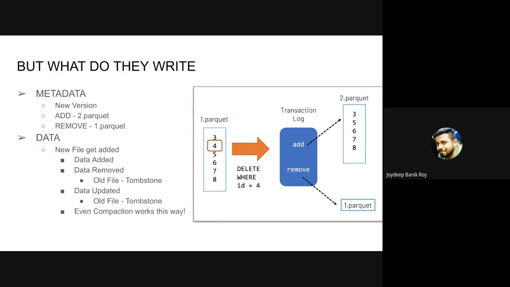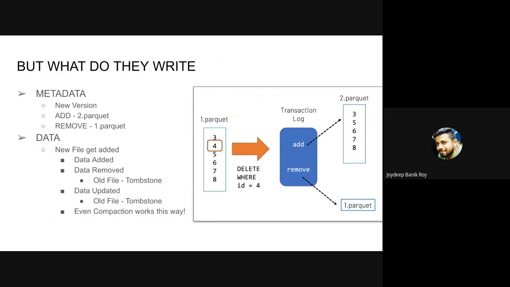So when you want to append data, you'll append 9, 10, 11, 12. That will become part of 2.parquet. If you see here in the metadata, what will be stored? A new version. I just want to add files, so a new version will be recorded, and along with that, this 2.parquet file in the add column will be recorded. As simple as that.